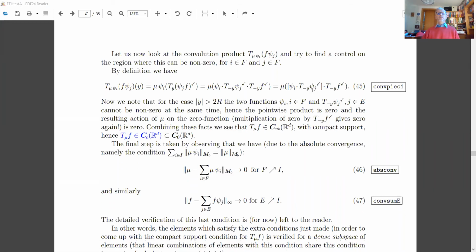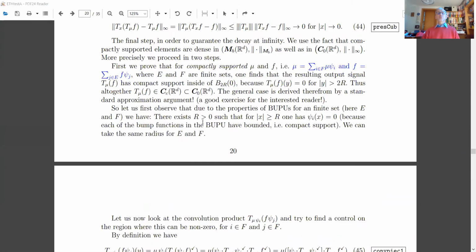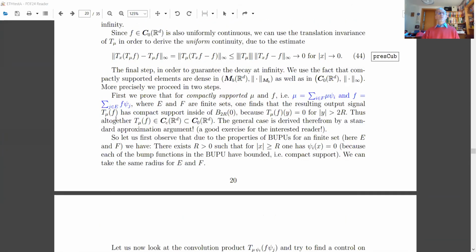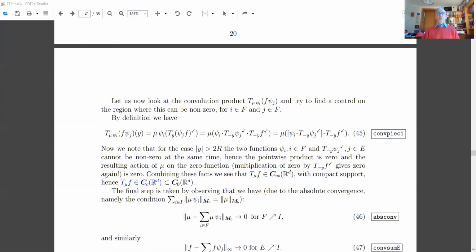So we are getting that T mu of f, under this extra assumption, and I'm looking back, this extra assumption was a finite sum of these pieces, will give you a function with compact support.